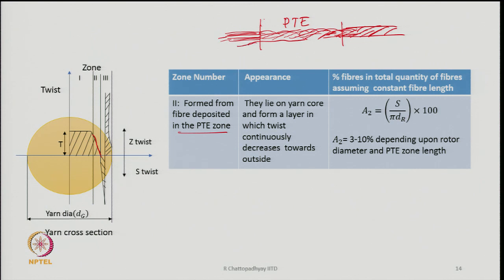So, like that, on an average it has been found that the fibers which are in this area are basically almost part of it forming sheath.